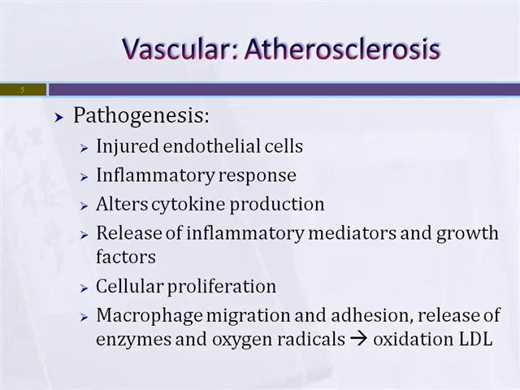And that triggers an inflammatory response so that we have those chemical mediators coming to the site and altering the normal processes that should be happening there. One of the things that gets released is these growth factors, and we talked about that when we talked about inflammation, and that the inflammatory process has as one of its steps release of growth factors that will help with healing. But in this process, it causes problems.